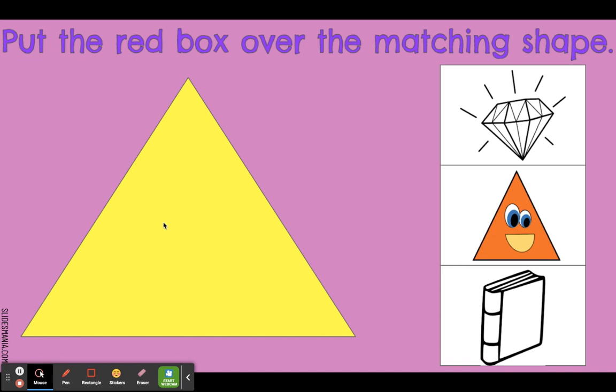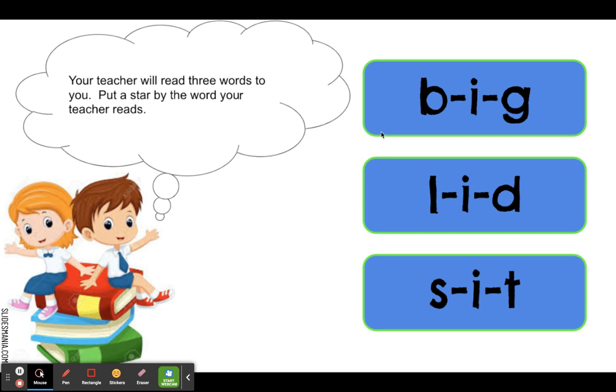For this one, you want them to put the red box over a matching shape. So of course you would have to give them a red box, allow them to take it and drag it and put it over the matching shape of the three here. So once again, these are easy templates that you can create simply in Google Slides and give a copy to each of your students and allow them to go through and complete the assignment.